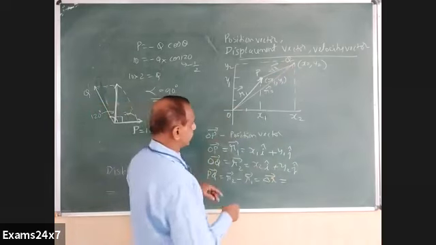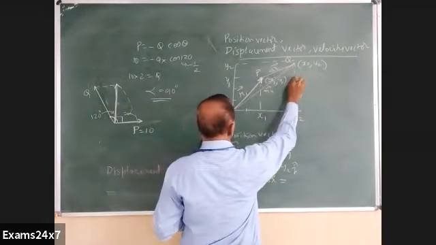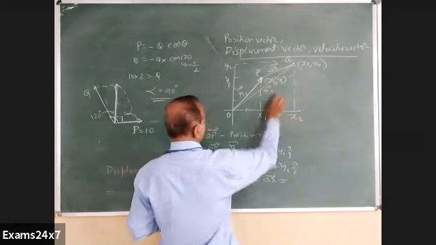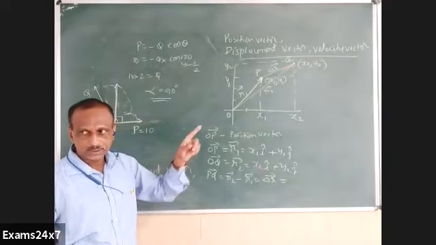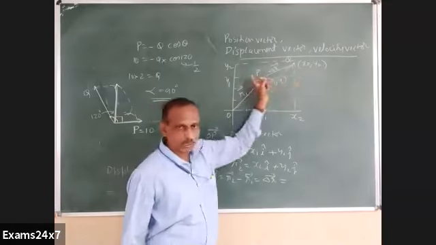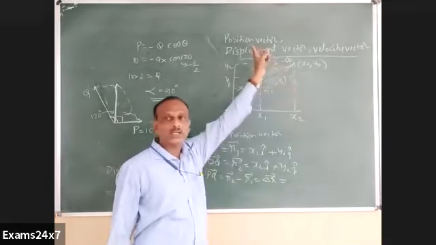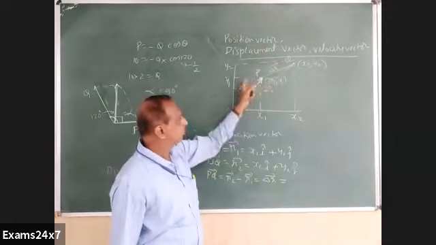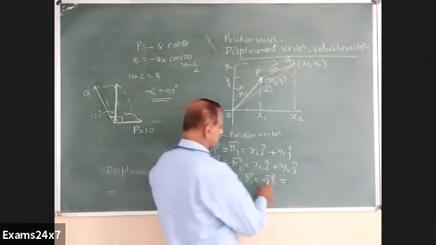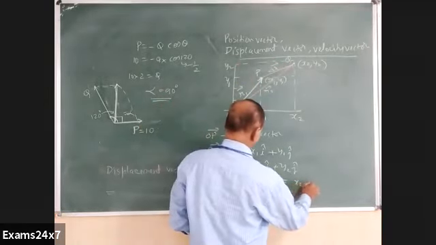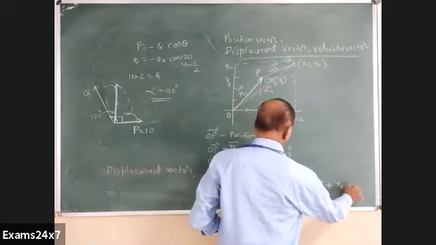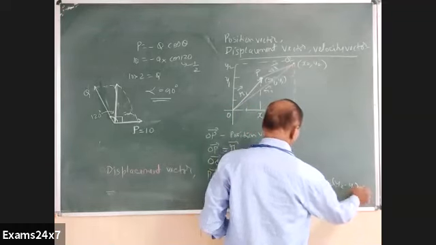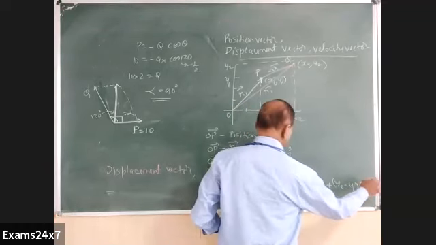Delta R actually is, in the x direction, x2 minus x1, the x component of that delta R. From x1 to x2, it has moved along this direction. And along the y direction, it has moved from y1 to y2. So this delta R is actually x2 minus x1 along the x-axis plus y2 minus y1 along the y-axis.